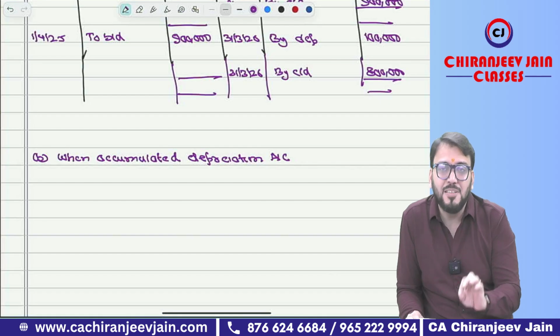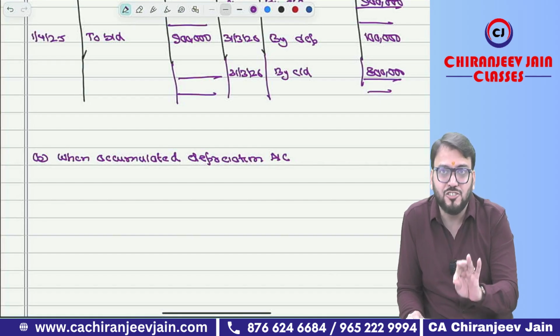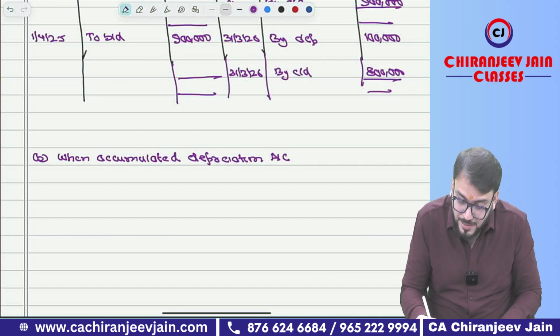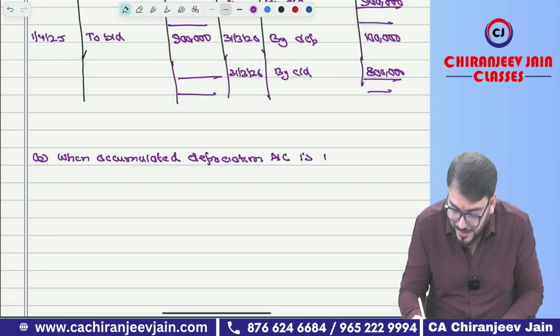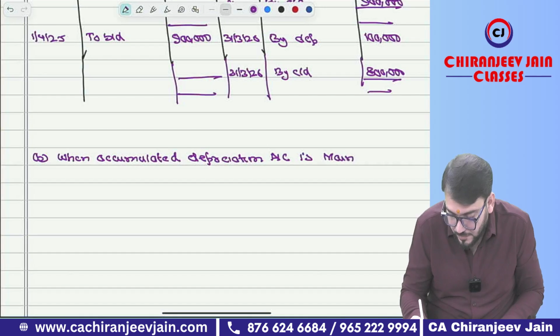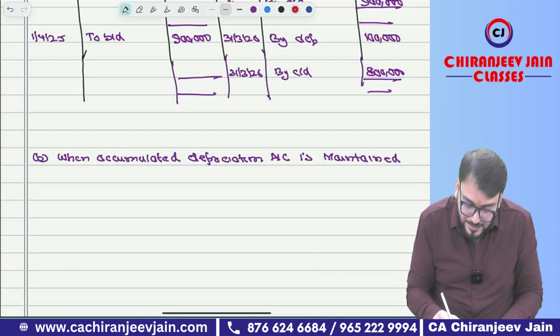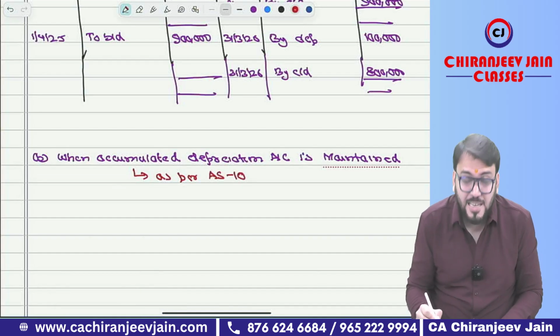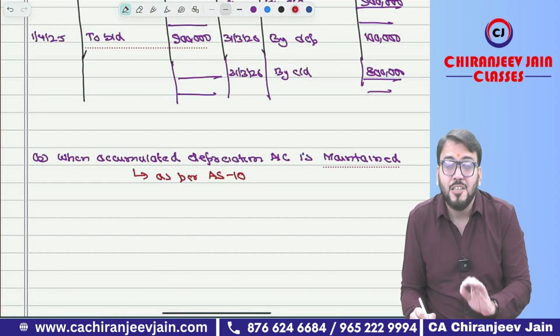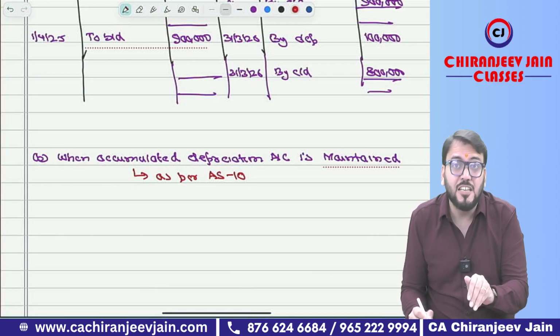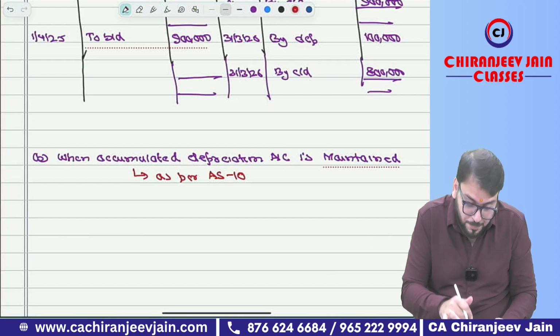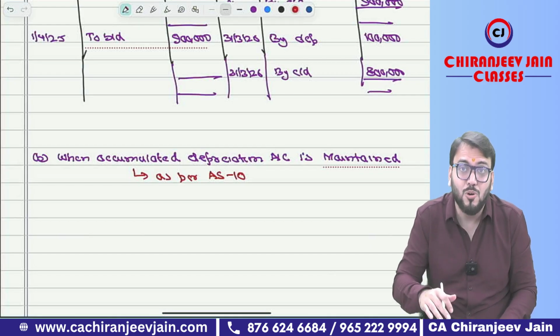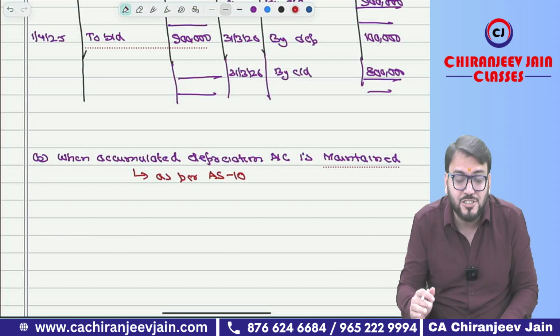However, practically I will say we use only accumulated depreciation account. When accumulated depreciation account is maintained, and this is actually as per AS10, AS10 also requires this. So if I say as per accounting standard, which one is correct? Case number B is more appropriate from accounting standard point of view.